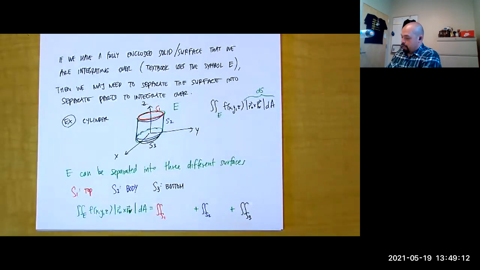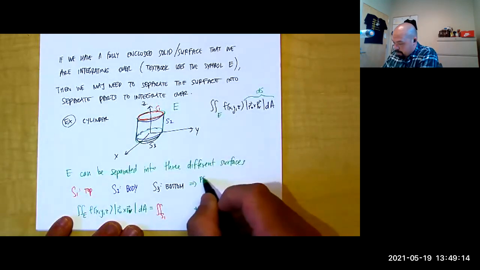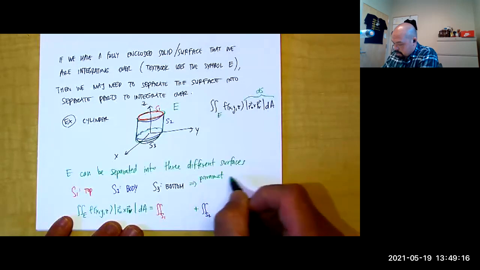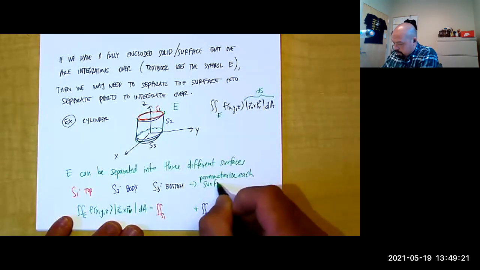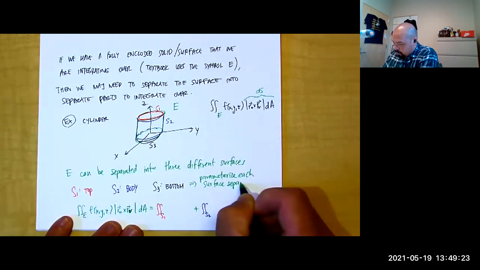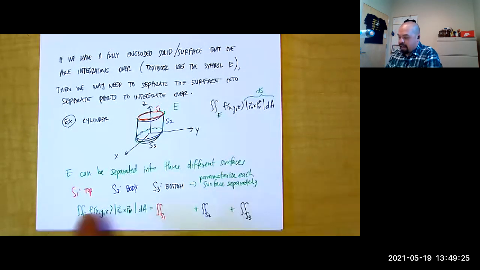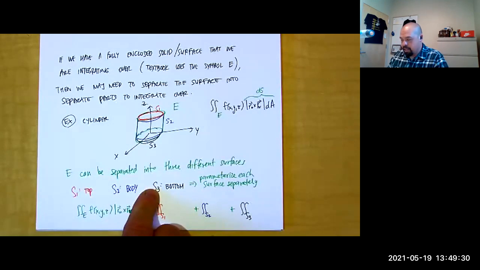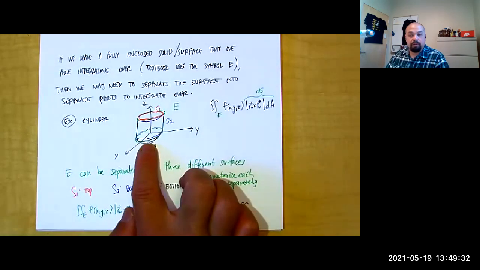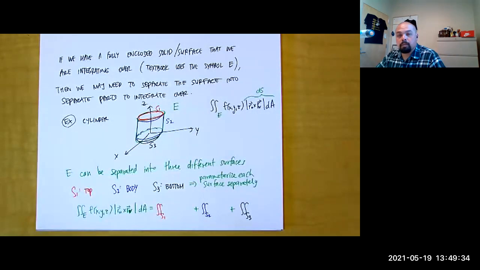And we need to parameterize each surface separately. So we're going to have an r sub 1, r sub 2, r sub 3. Some of these might be useful to do in terms of polar coordinates, r's and thetas, or x and theta, whatever it might be, as we build up those expressions.